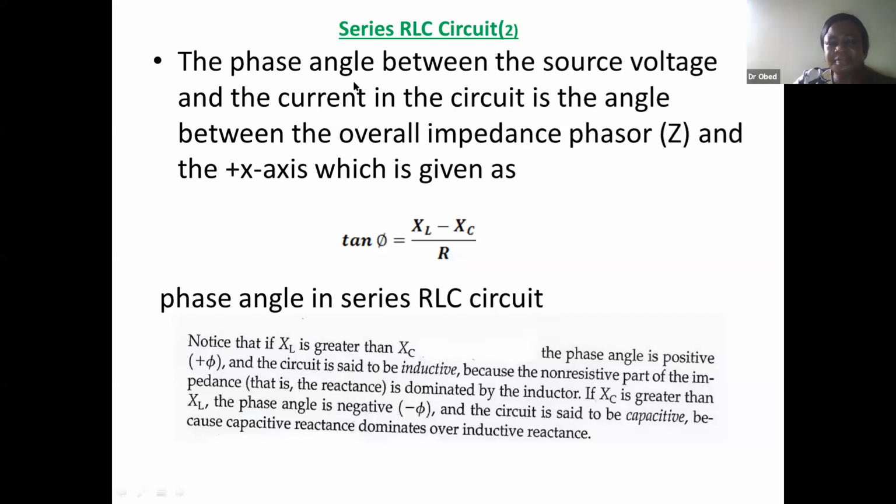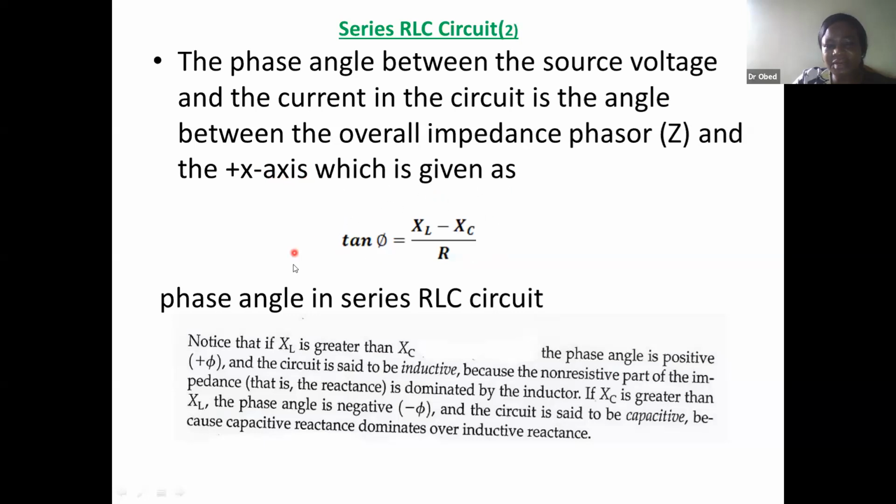The phase angle between the source voltage and the current in the circuit is the angle between the overall impedance phasor Z and the plus X axis, which is given as this.